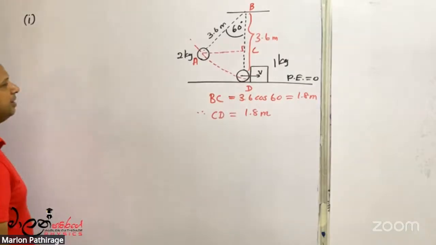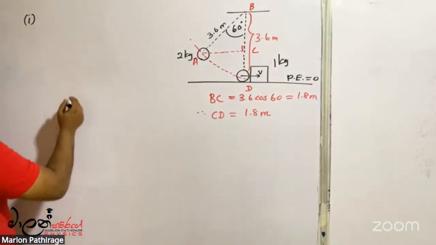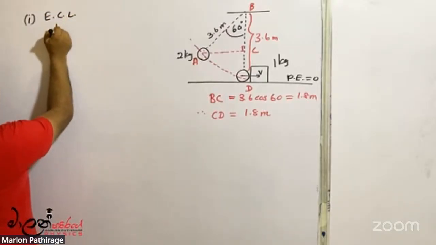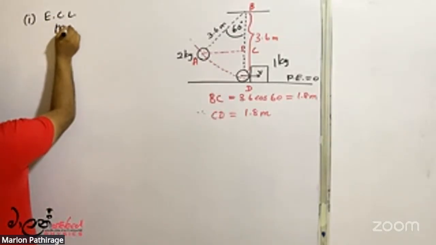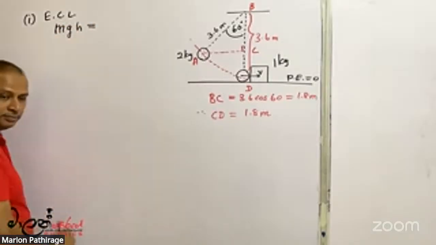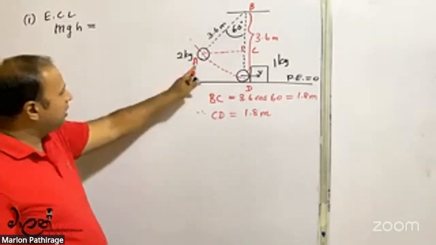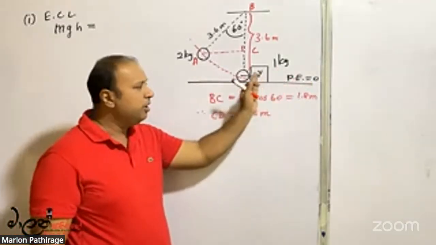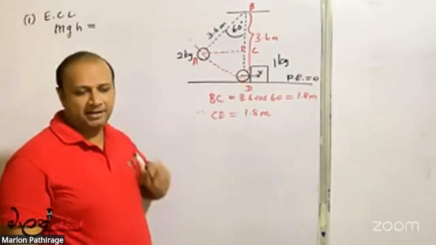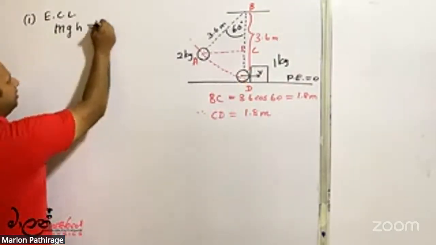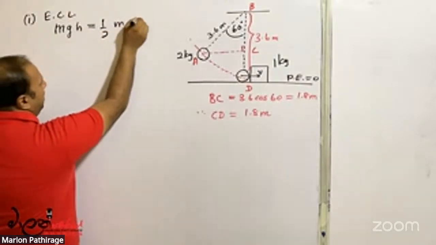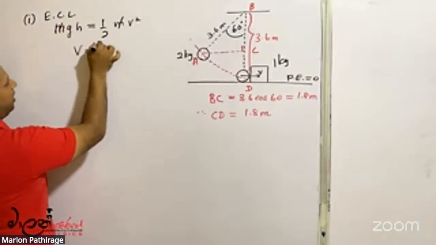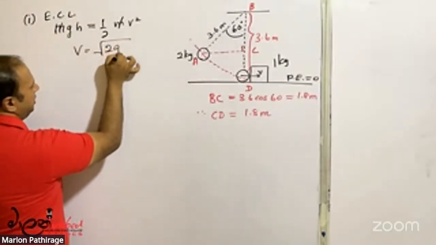Therefore, by energy conservation law, initial energy is potential energy, mgh, which is equal to the final kinetic energy, half mv squared. m cancels out, therefore v is equal to square root of 2gh.